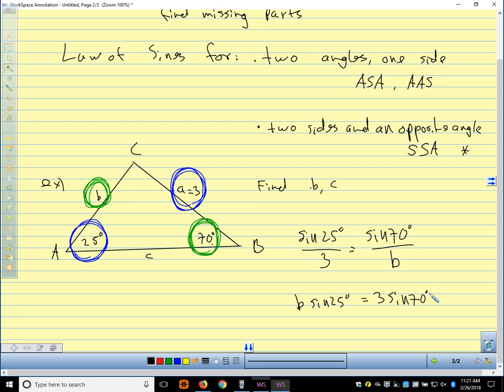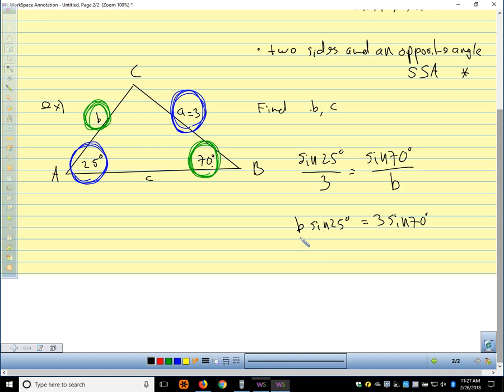I like to calculate right at the end. So I'm going to divide everything by sine 25 to get B by itself. So those cancel, and I get B is 3 sine 70 divided by the sine of 25.